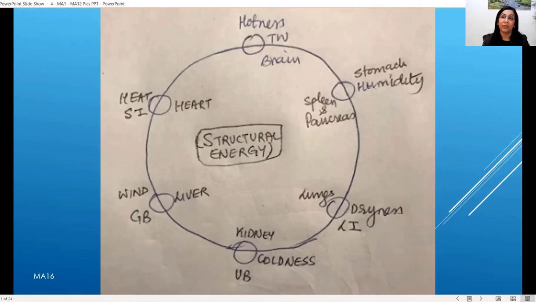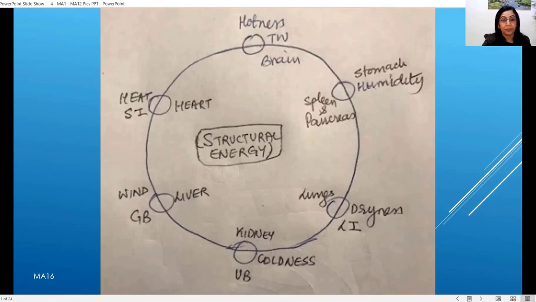The structural energy for stomach and spleen and pancreas is the humidity energy. And the structural energy for lungs and LI, large intestine, is the dryness energy. And lastly, the structural energy for kidney and urinary bladder is the coldness energy. So the structural energy is exactly according to the access law, how we have studied it.